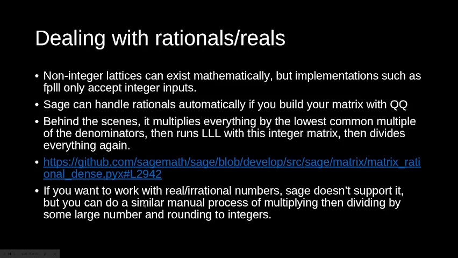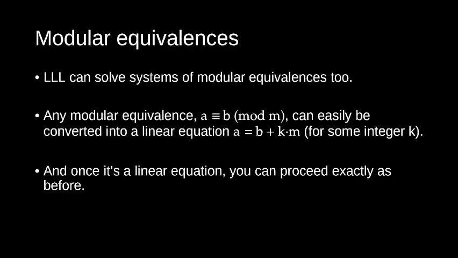If you want to work with irrational or real numbers, Sage doesn't support this, but you can do a similar manual process of multiplying then dividing by some large number and rounding to integers. So LLL can solve systems of modular equivalences too.